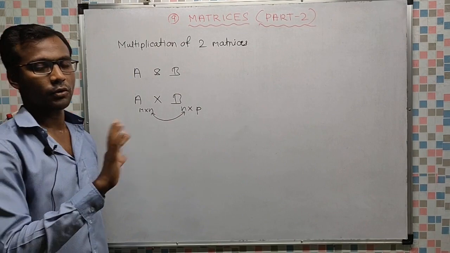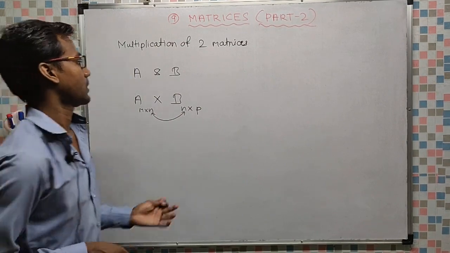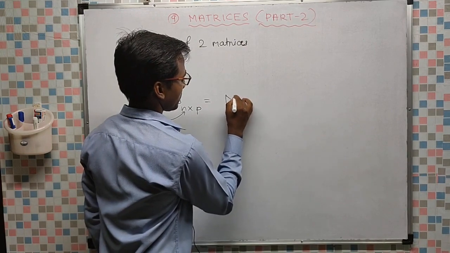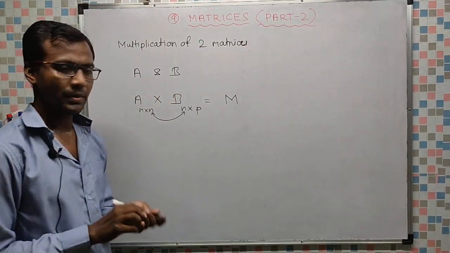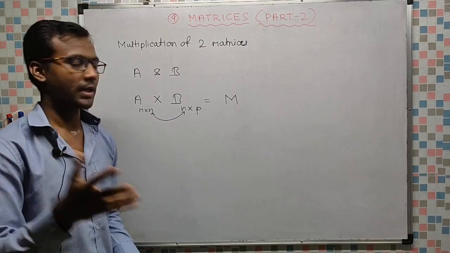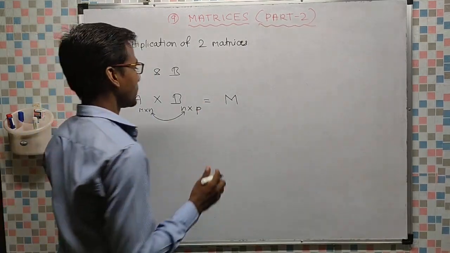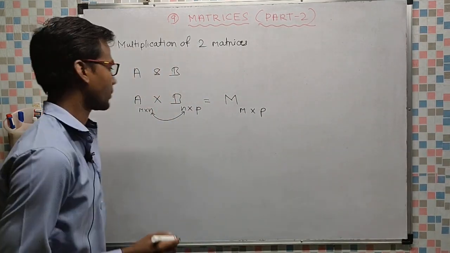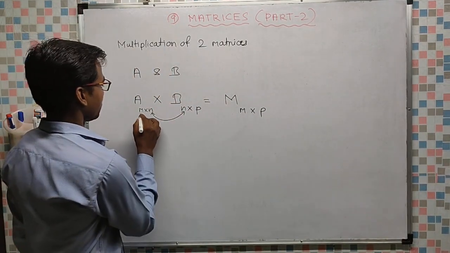Then only we can multiply two matrices. Then we will get a new matrix. Suppose we multiply A and B and get a new matrix M. Its order will be m by p.